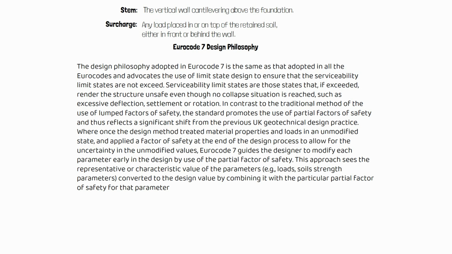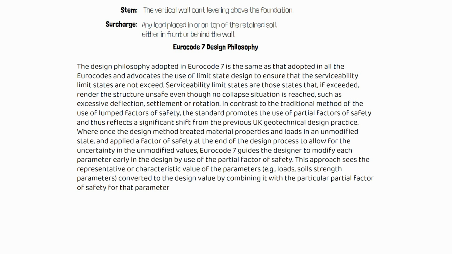Serviceability limit states are those states that, if exceeded, render the structure unsafe, even though no collapse situation is reached, such as excessive deflection, settlement, or rotation.